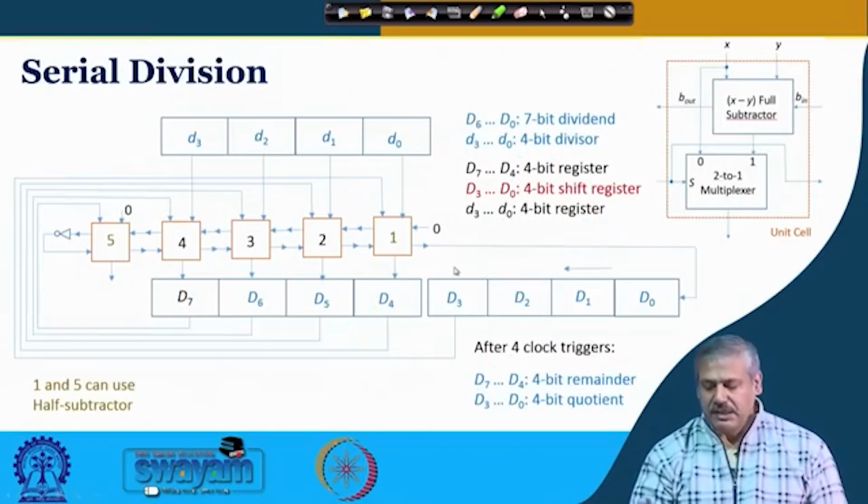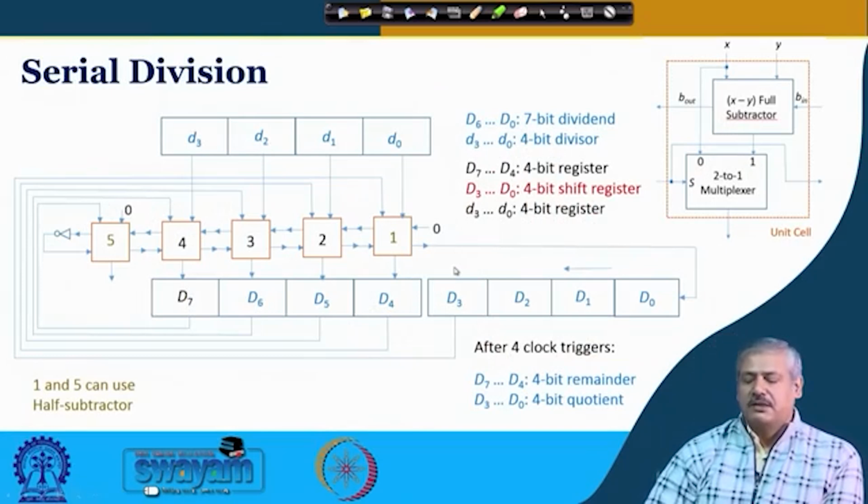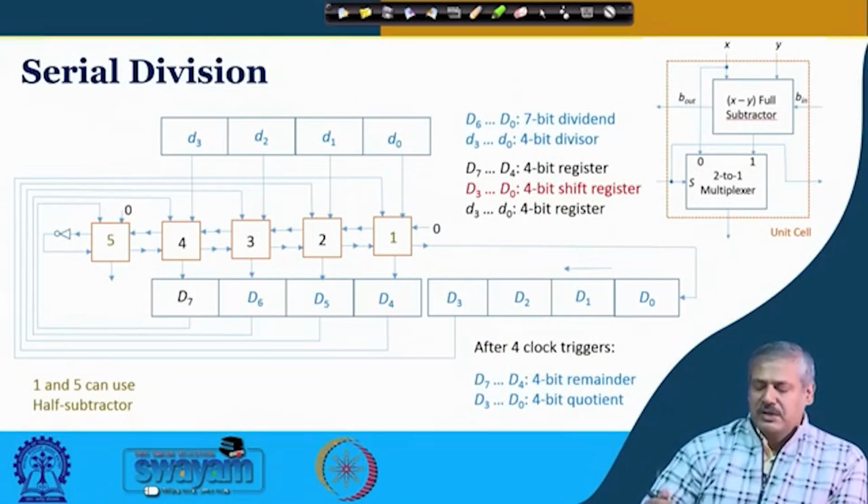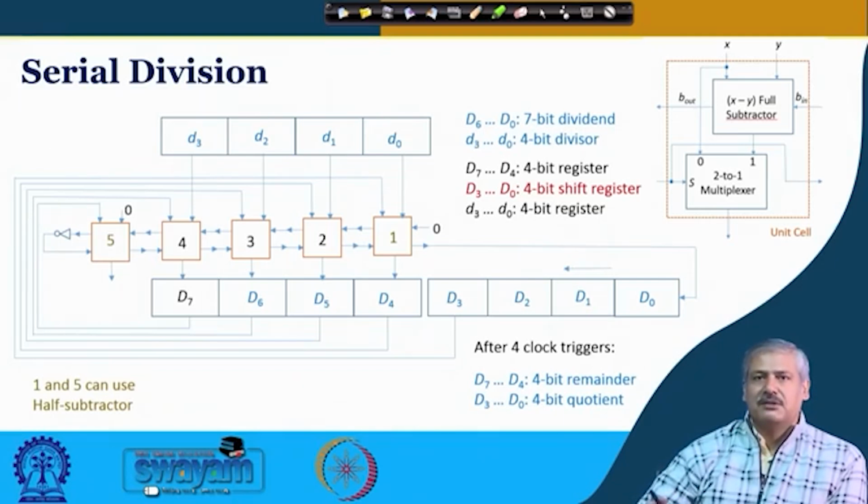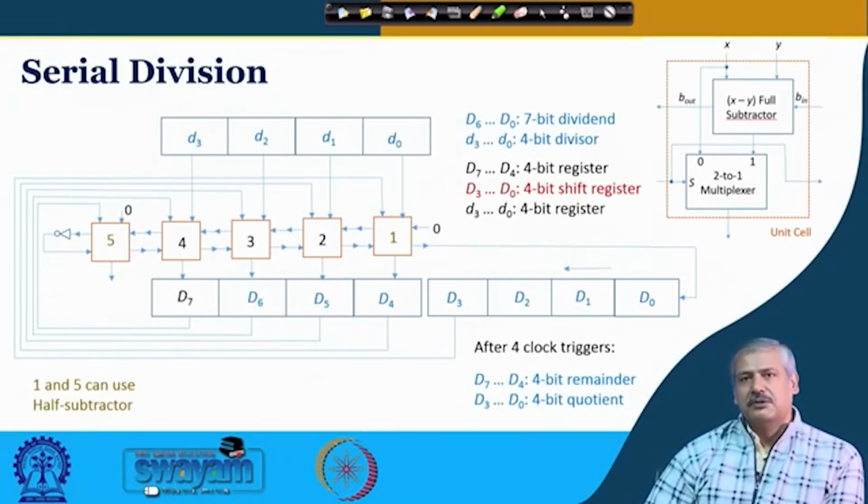The same thing is implemented in the same manner. The example that we had seen, you can just put over here, and with the clock you can see it moves in exactly the same manner, and the same result will be found at the end, okay, right.